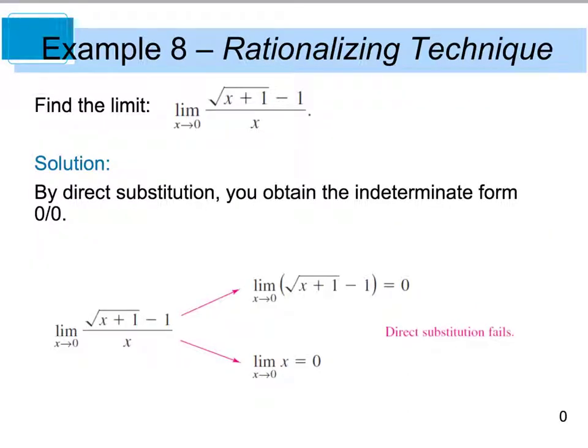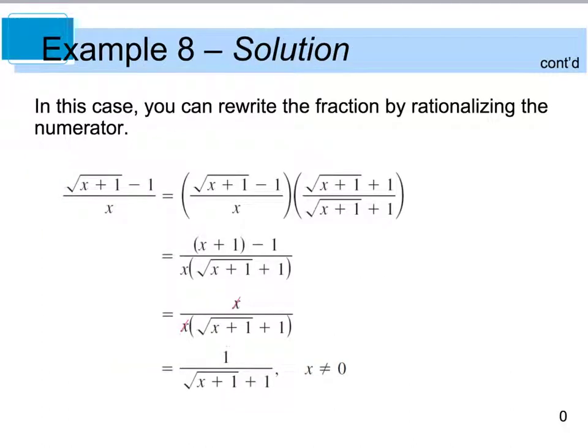So we're going to rationalize at the top here, and no matter what our radical is, we're going to leave the radical the same. We're just going to change the term. So in this problem here, we have radical x plus 1 minus 1. So we're going to do radical x plus 1 plus 1. All we did was change the minus sign to plus.